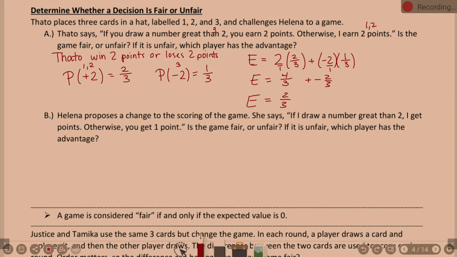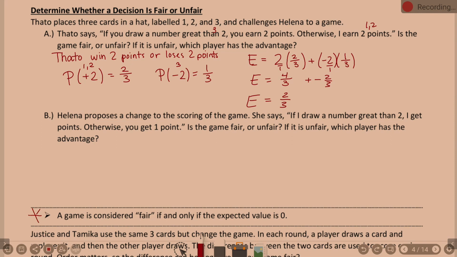If this is truly a fair game, Theo playing and Helena playing should be equal, which means the expected value would be 0. Okay? If this is a fair game, the expected value is 0, and that's the point I'm trying to make here. And this is unfair.